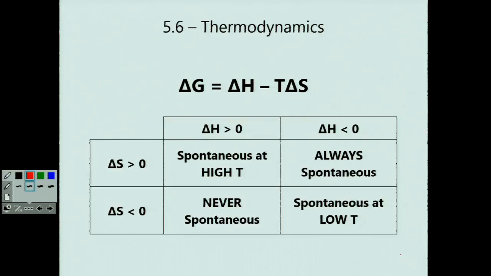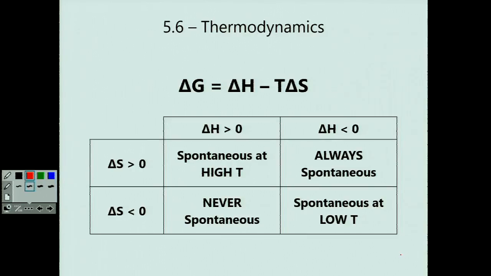So, based on the mathematical definition of delta G, you can make inferences of how temperature affects the spontaneity of a process depending on whether the reaction is endo or exothermic, which is what's on the top, versus getting disordered or ordered. And all you need to do is, you can do this very qualitatively.